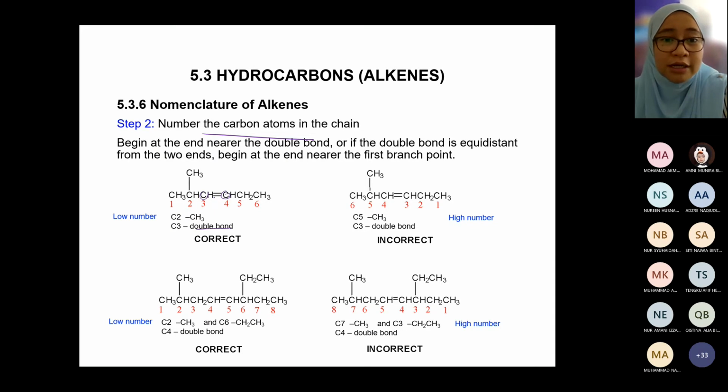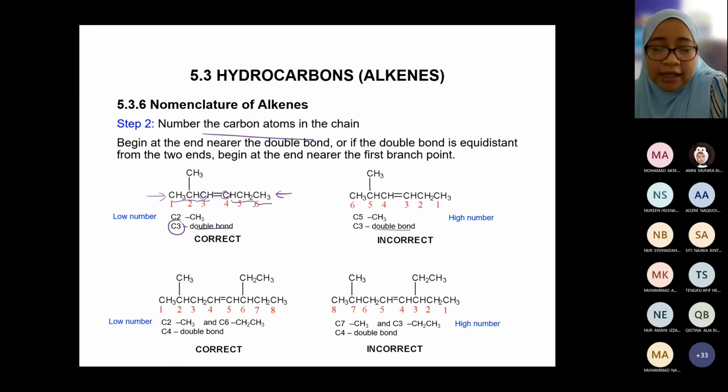This is one option because it sits in the middle. The other option, still C3 double bond, but it is at equal distance. Do you see the equal distance here? Either way, whether we start from here or from here, you still get carbon number 3 as the double bond, carbon 3 and carbon 4.